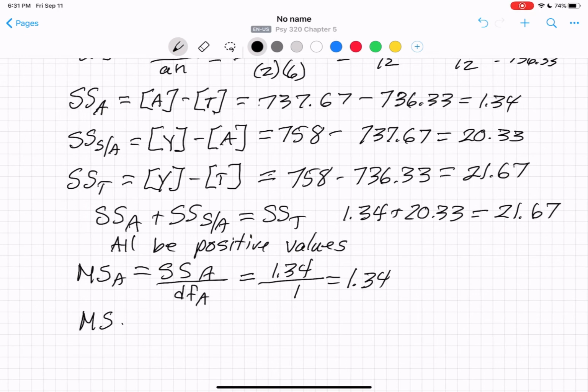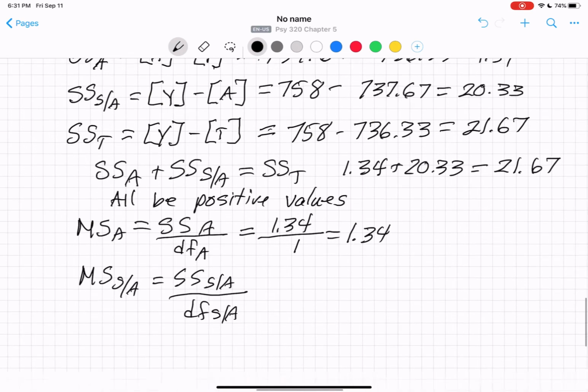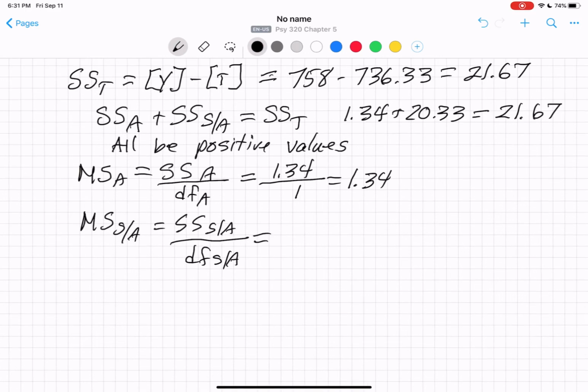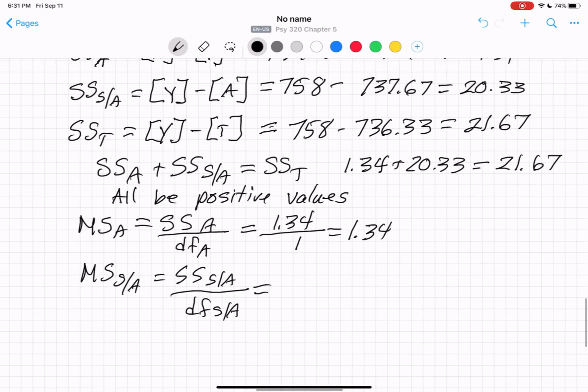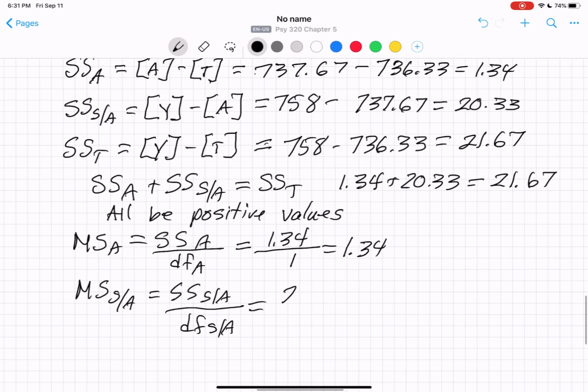Then we're going to do mean square for S over A. So that's the sum of square for S over A divided by degrees of freedom for S over A. So our sum of square for S over A is 20.33.